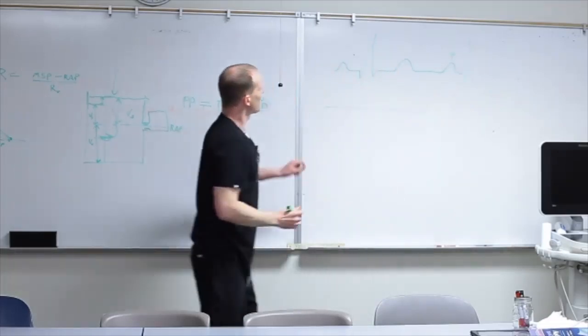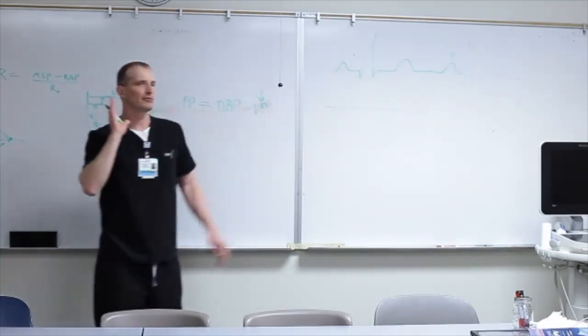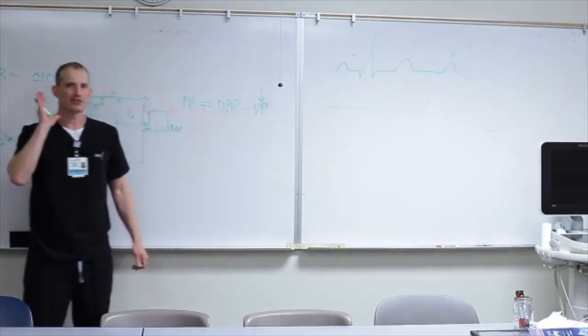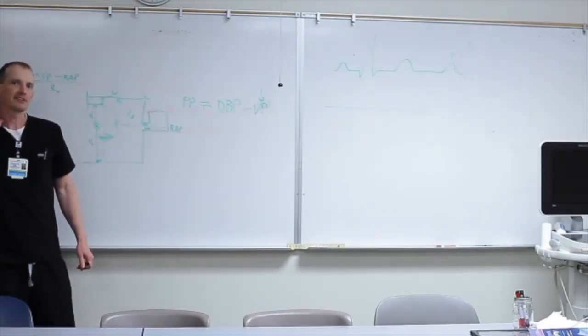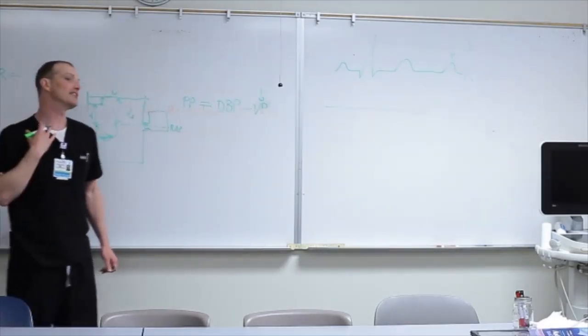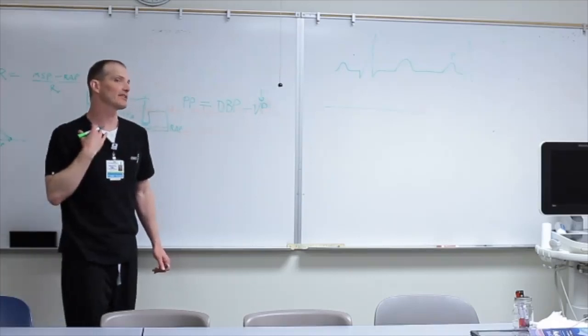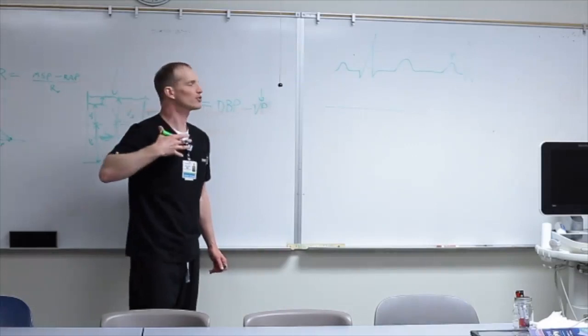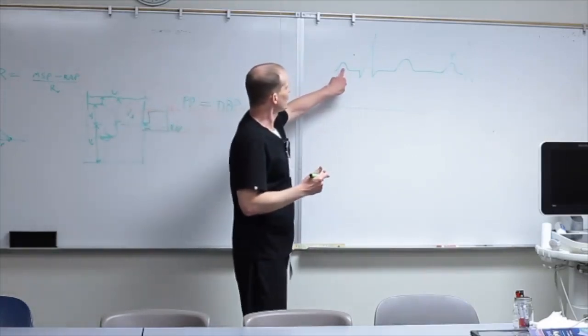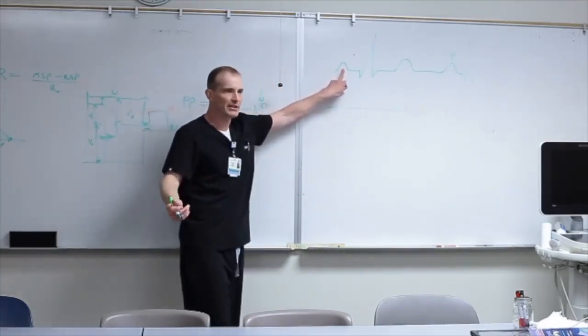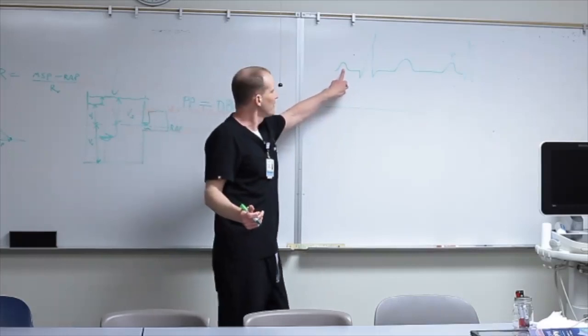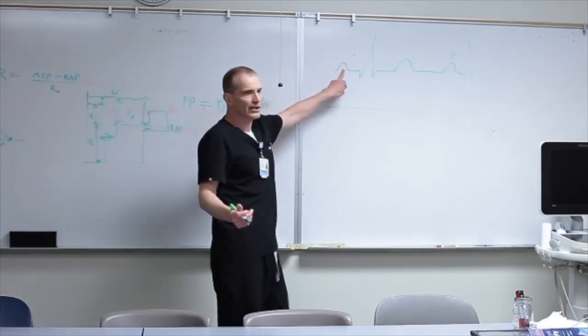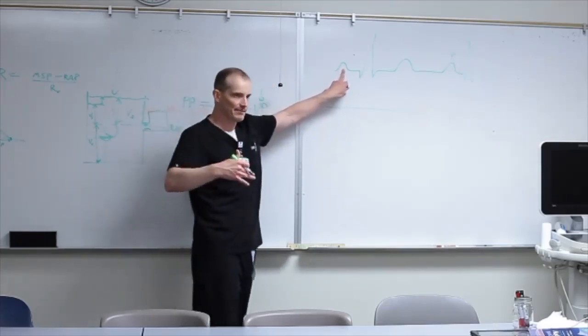So you probably learned this in nursing school, right? But the JVD, we can look at the JVD and see what the right ventricle and the right atria are up to, and what's going on with the central venous pressure or the right atrial pressures. So there's no valve between the right atria and the vena cava, right?